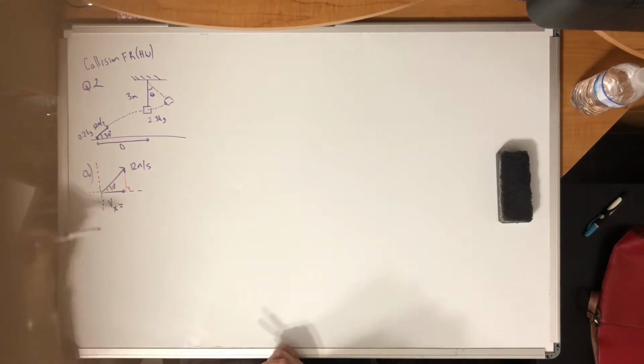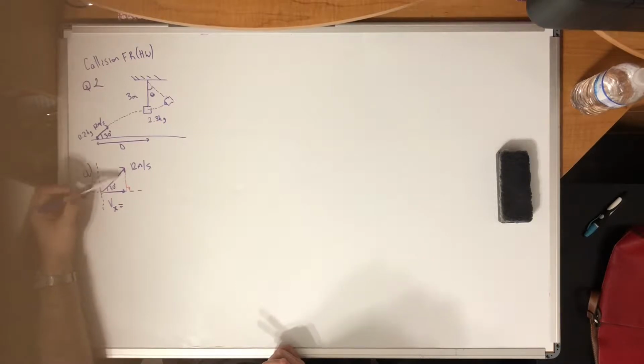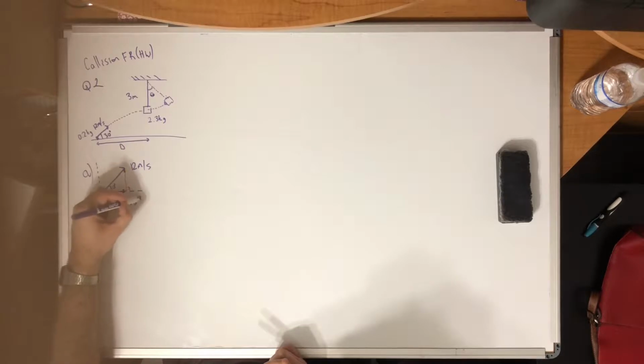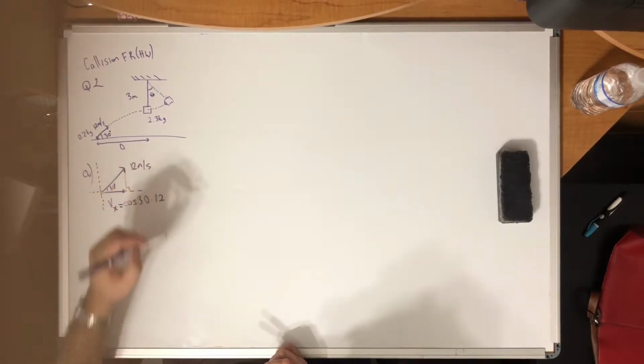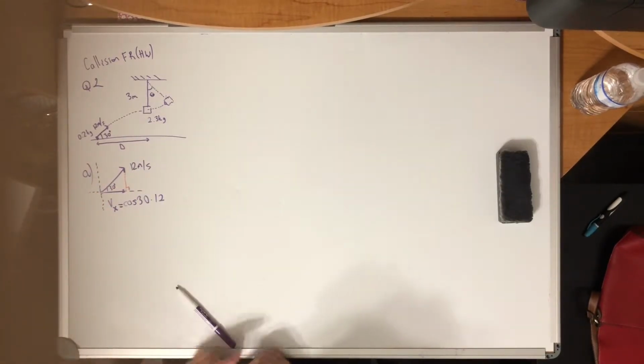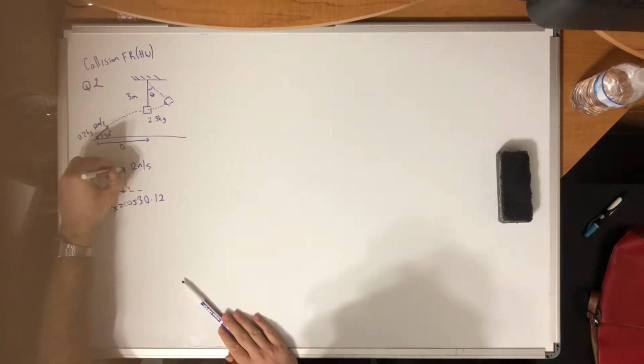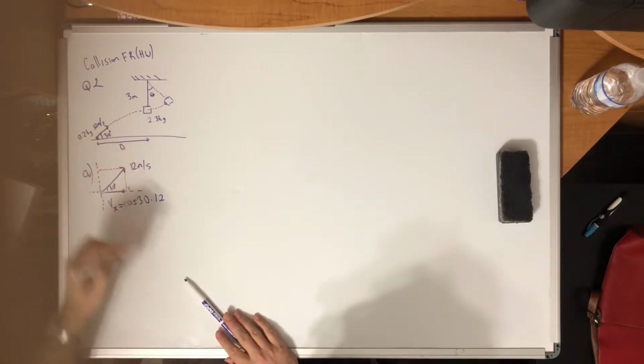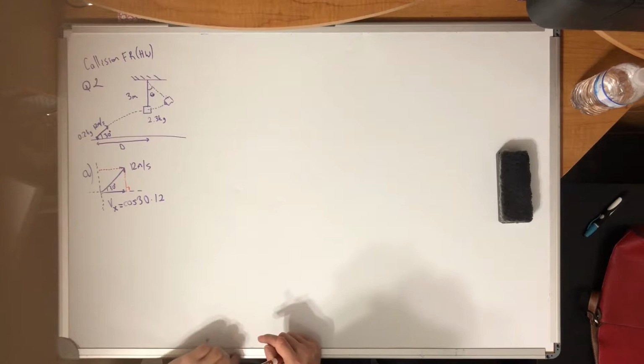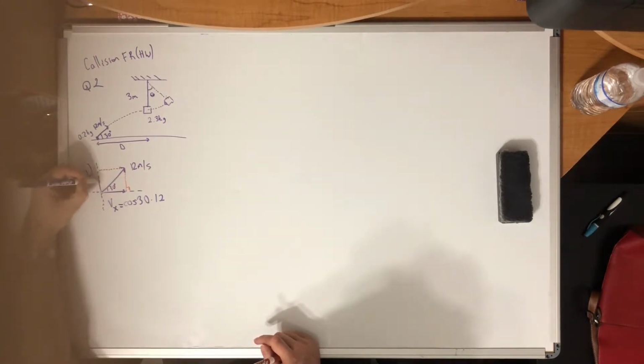The way that we find that Vx is the hypotenuse, which is 12, times, since this is the adjacent side of that angle, for adjacent we use cosine, so it's going to be cosine 30 times 12. On the other side, its y component goes from the tip to the y-axis, and then from the origin to that point.